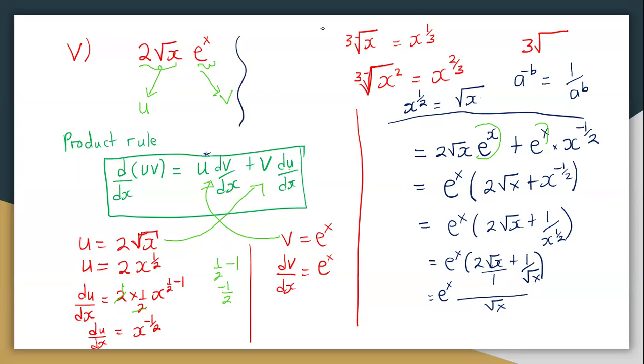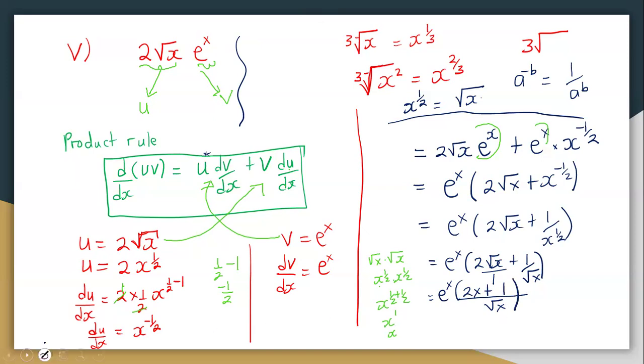When you have root of x times root of x, this is x to the power half times x to the power half. When numbers are to the same base, you add the powers. So I can say half plus half, which will give us x to the power 1, which is the same as x. So here I'm going to remain with 2x, then plus root x divided by root x is 1, then times 1.